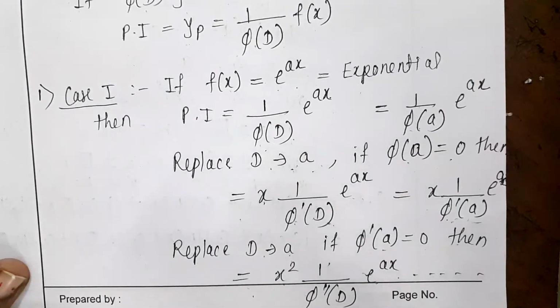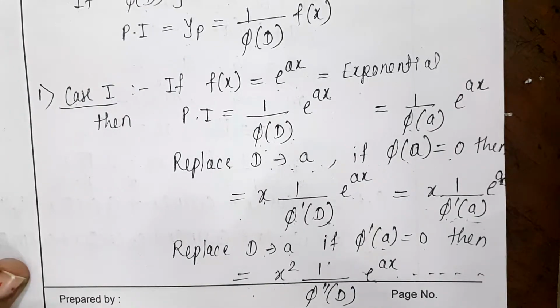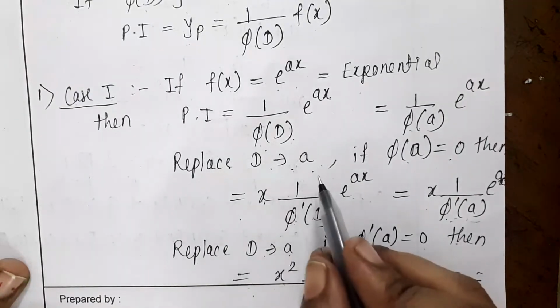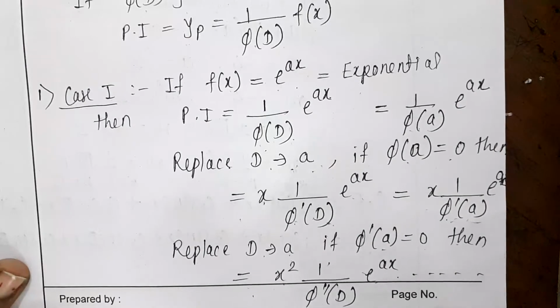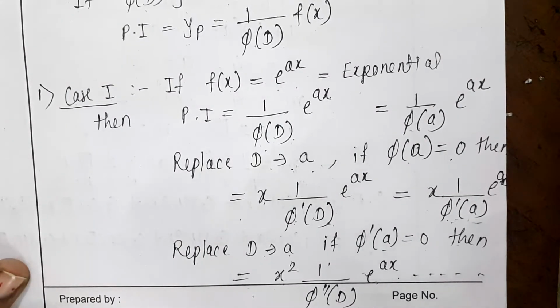Again check whether this denominator is 0 or not after replacing D by a. If it is 0, then repeat this procedure till we get the answer. Multiply by x and find the continuous derivative of the denominator, that is phi of D.